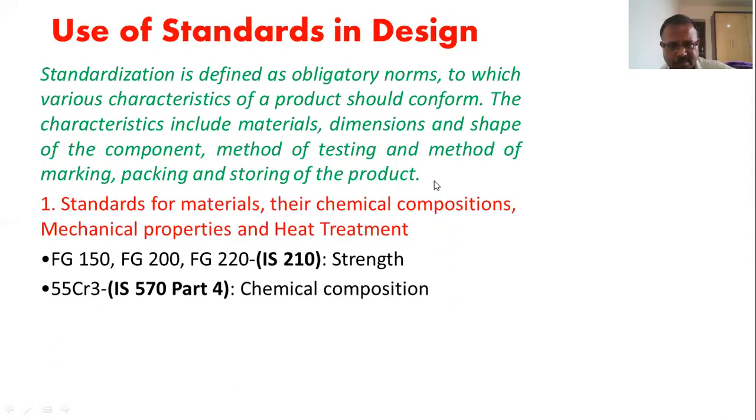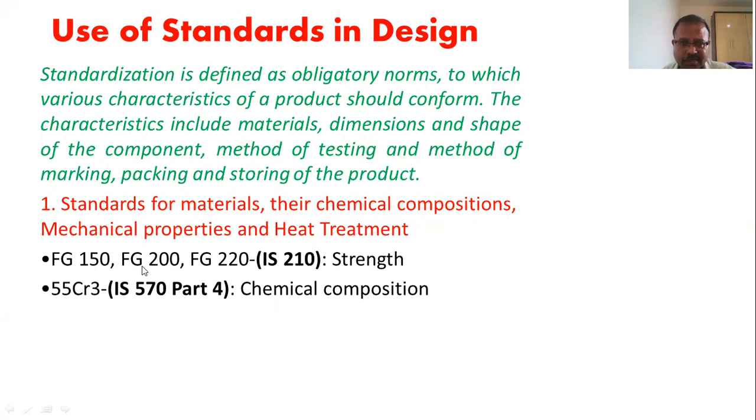Say for materials: materials can be designated according to their strength or according to their chemical composition. In IS 210, the strength of the material can be given. If it is FG150, it means ferroalloy gray cast iron with ultimate tensile strength of 150 Newton per mm square.